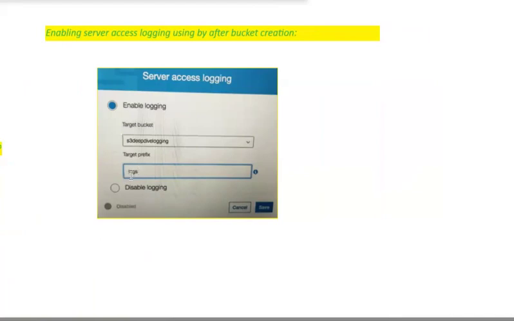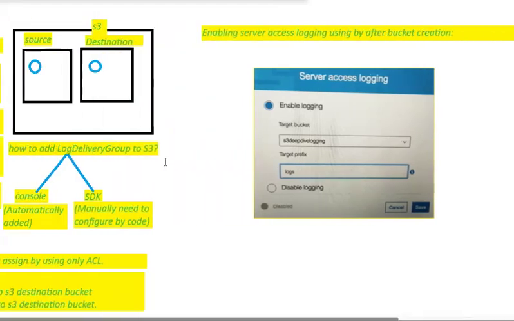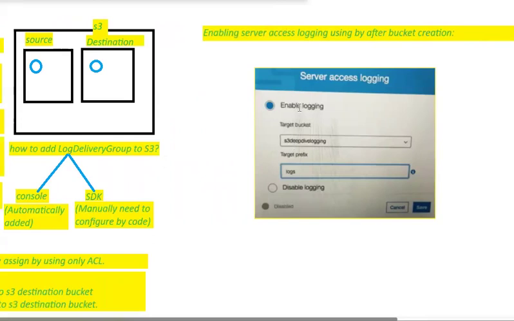Whatever you provide will come before the names of your logs. All your logs will follow the format given previously. Next, if you click on save, then server access logging will be enabled. After enabling this, the logs will be created and stored under the target bucket that you selected.